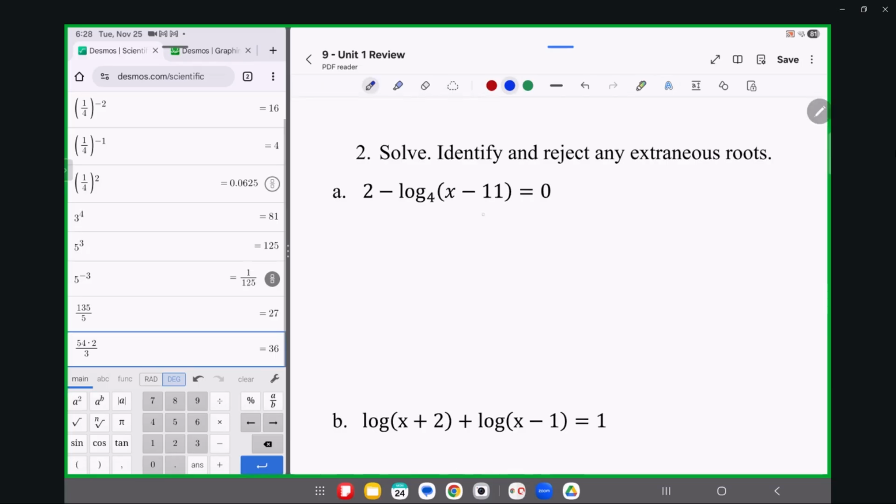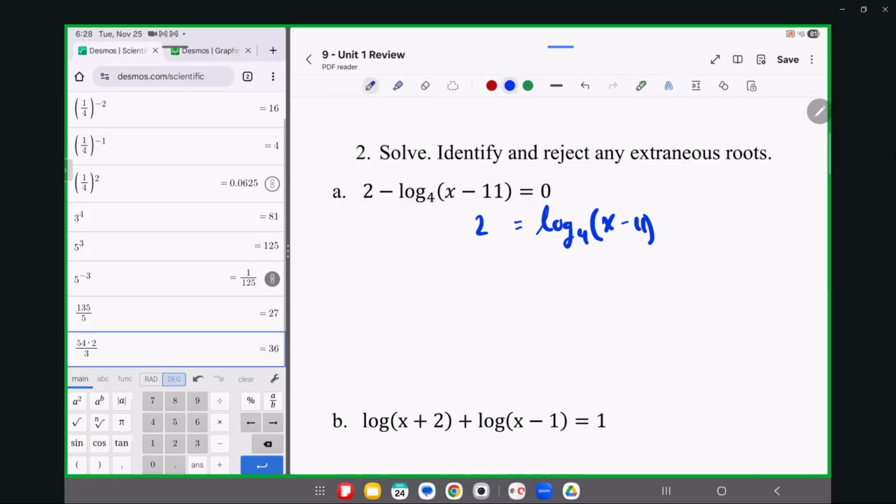In this case, we have an x minus 11 that's subject to log base 4. We'll have to convert this to its exponential equivalent and then solve. And so doing so, we have 2 is equal to, now negative log base 4 of x minus 11 becomes positive log base 4 of x minus 11.